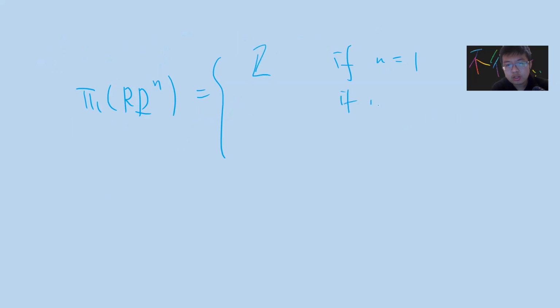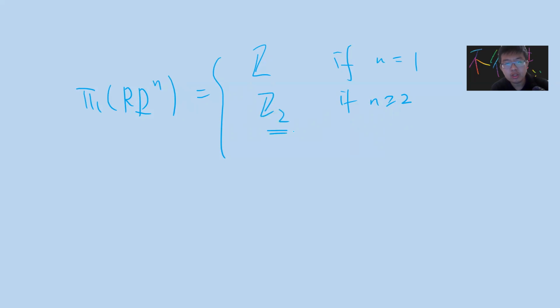Okay, so our final results give you the following. Your pi 1 RPn, if n is 1, you get a circle, which is Z. If n is greater or equal to 2, you get a Z2.